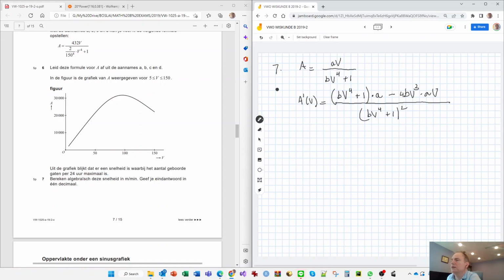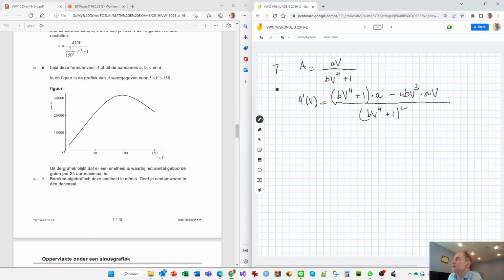It could get 0 depending on b, but let's ignore that for now. For this A prime to be 0, definitely the numerator has to be 0.